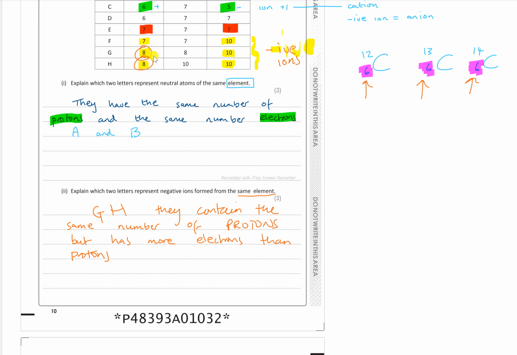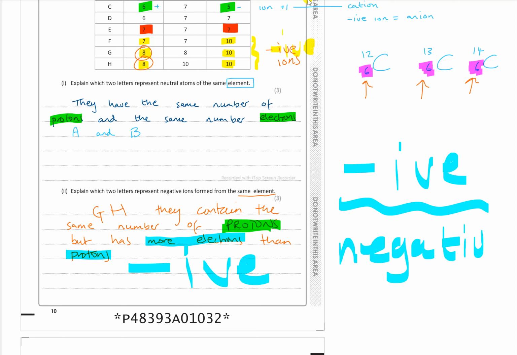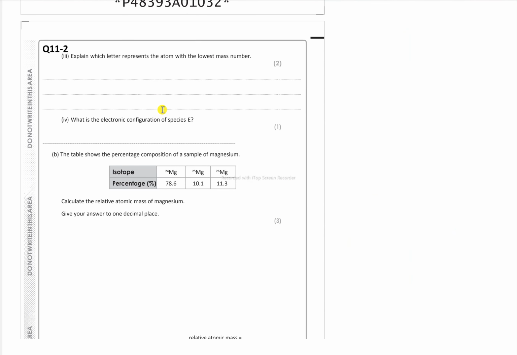So that's where your 3 marks are coming from. Look, watch this. Okay, contain the same number of protons. That makes it the same element. However, it has more electrons than protons, so that's what makes it negative. That's cool. Let's keep moving on.